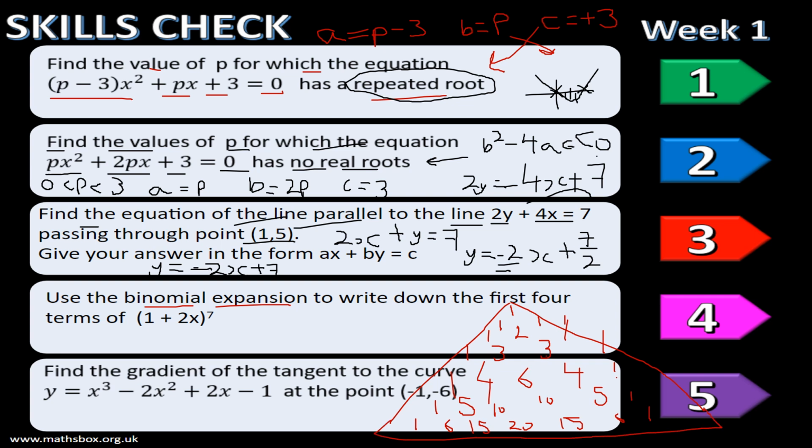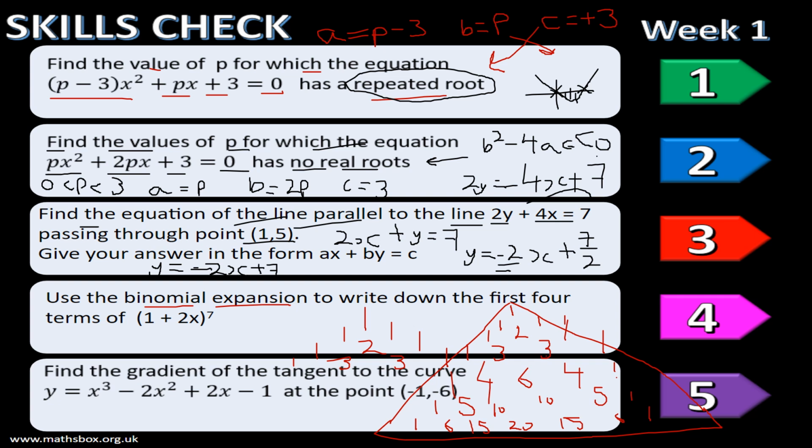But for now, just try and remember: start off with 1, then 1, 1, then 1, 2, 1, then 1, 3, 3, 1. It's always ones at the edges, and the next term is worked out by adding the 2 terms directly above it.